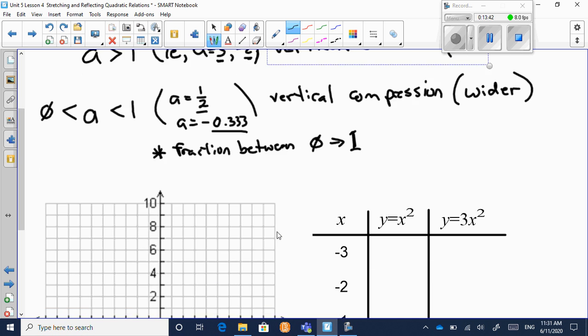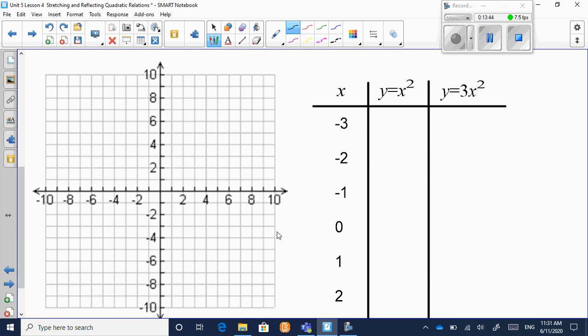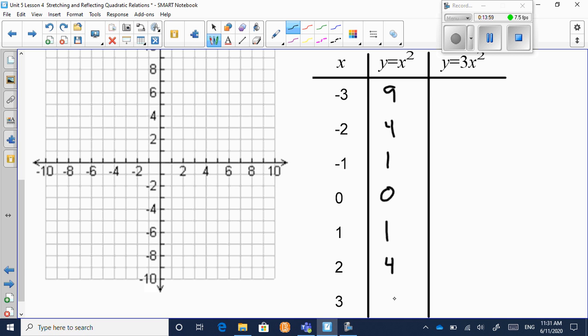Okay, well, let's try one of these. And so sure enough, let's start by putting down our bread and butter numbers. So 9, 4, 1, 0, 1, 4, and 9. Okay, let's graph it. It's always nice to have that bread and butter one there as a comparison.